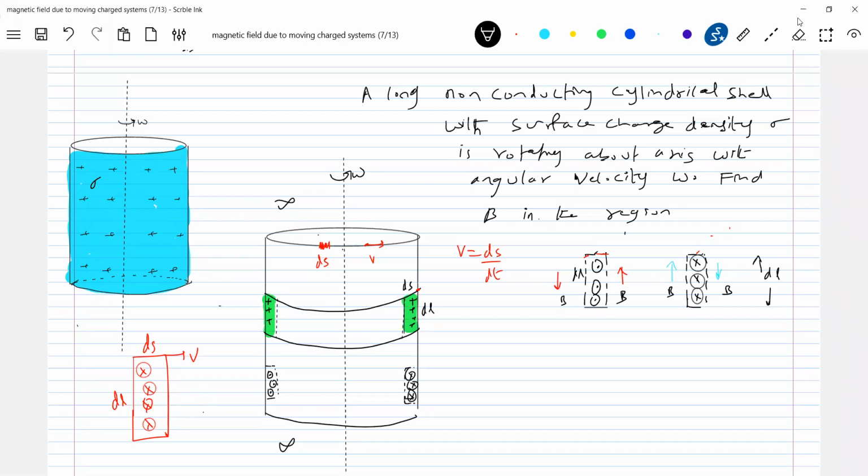At least do for one strip here, B dl here only.